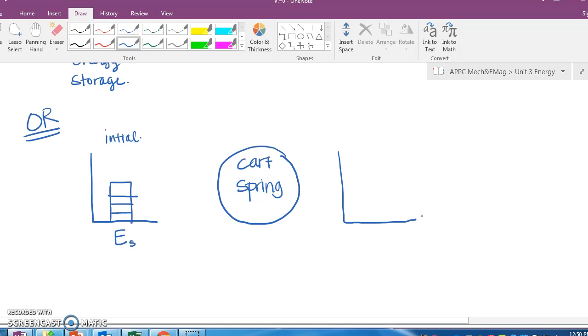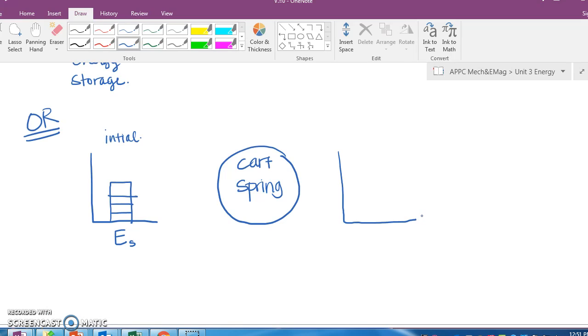Middle school kids a lot of times think that kinetic energy is fundamentally different than potential energy, gravitational potential energy. They think it's different, but it's all the same. It's just stored differently.